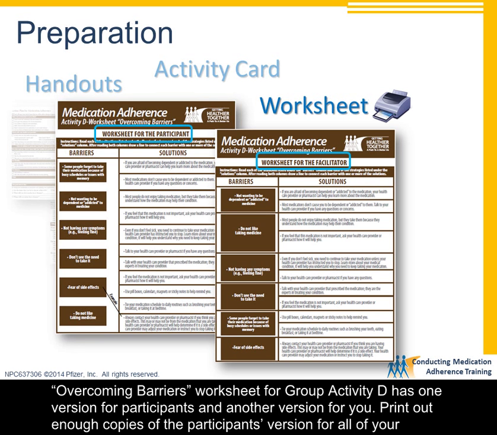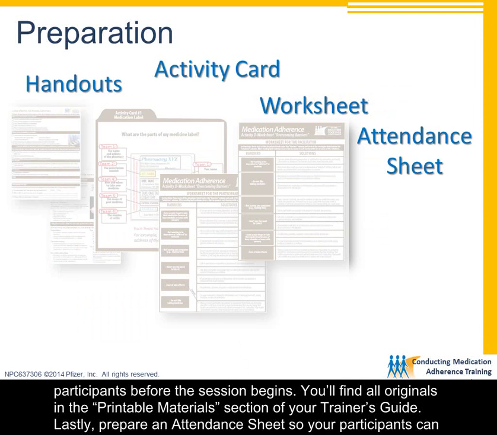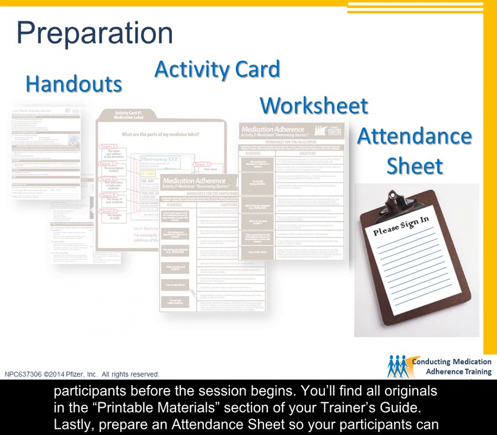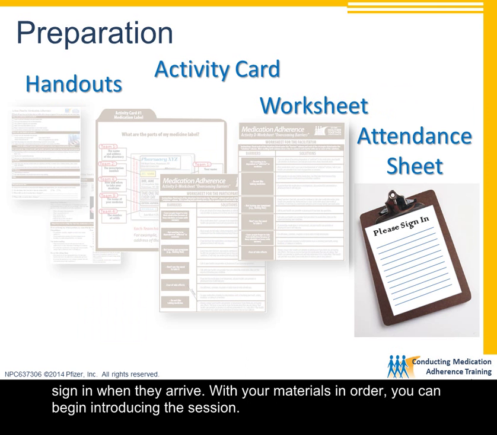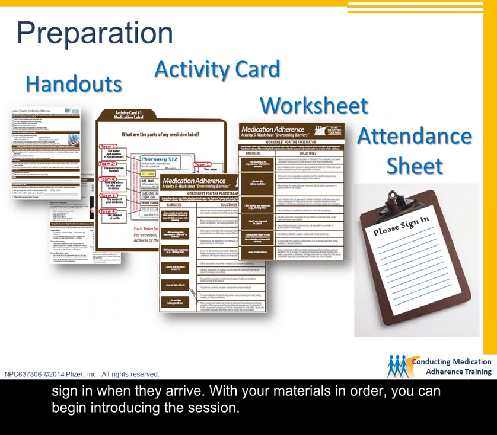Print out enough copies of the participants' version for all of your participants before the session begins. You'll find all originals in the printable materials section of your trainer's guide. Lastly, prepare an attendance sheet so your participants can sign in when they arrive. With your materials in order, you can begin introducing the session.